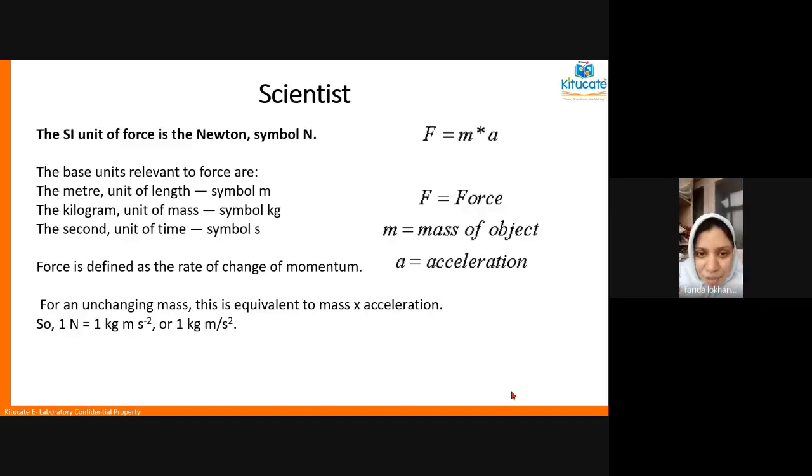In the same way, the unit for force will be dependent on two units, that is mass and acceleration. So the unit for mass will be either kg or grams, whatever you take as per your unit values, and the unit for acceleration will be meter per second square or centimeter per second square and so on.